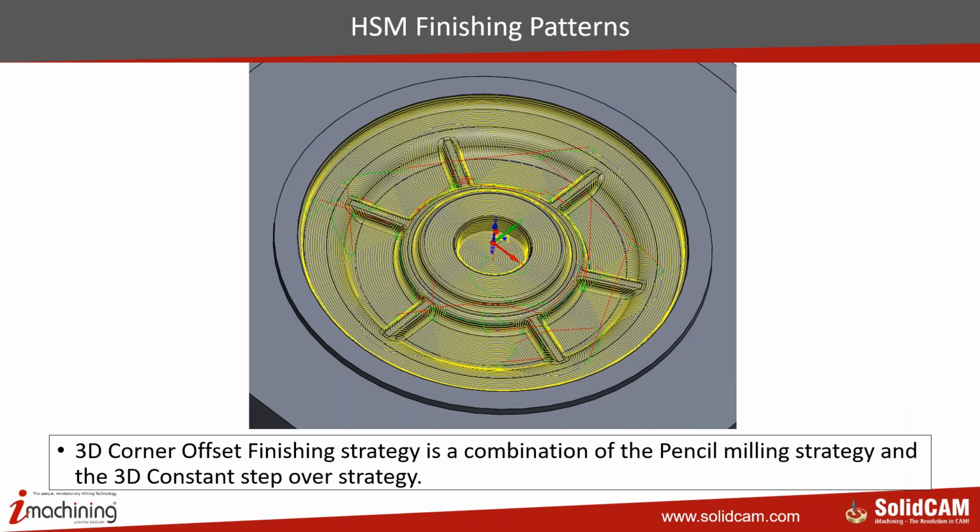And then you have the 3D corner offset finishing strategy, which is a combination of pencil milling as well as 3D constant step over. The pencil milling will determine the curve, and the curve will then be used for machining using the constant step over.